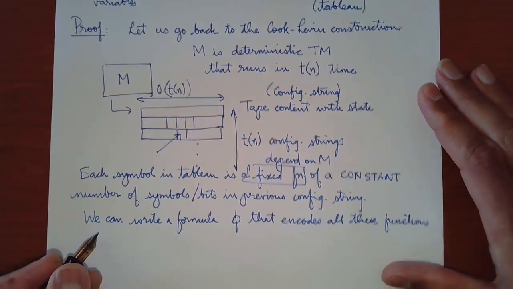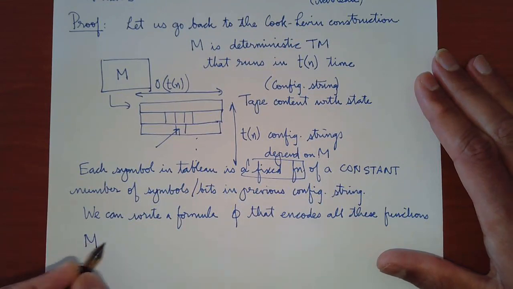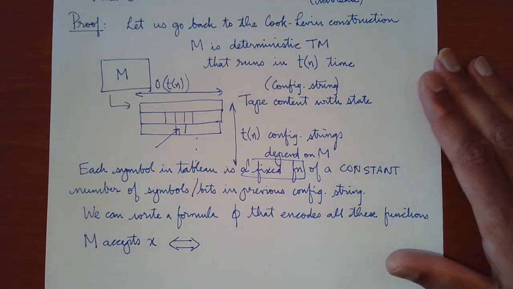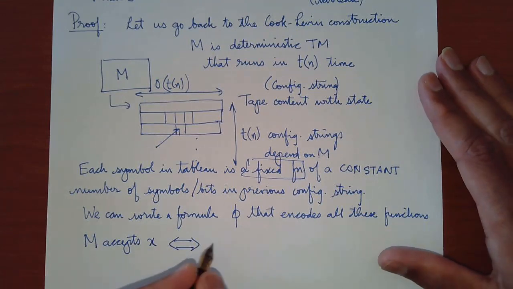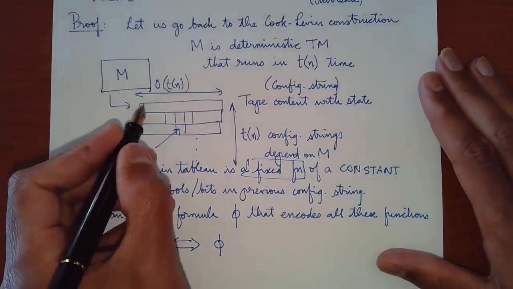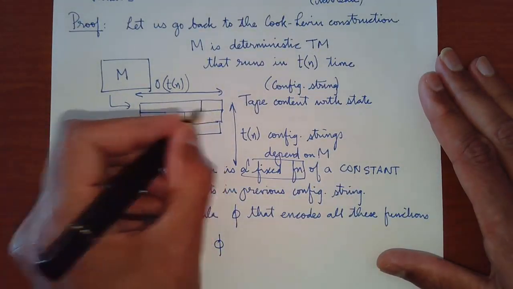And so what we have is that M accepts x if and only if, we'll say that phi, so the inputs to phi, you can think of the inputs are basically the initial configuration.